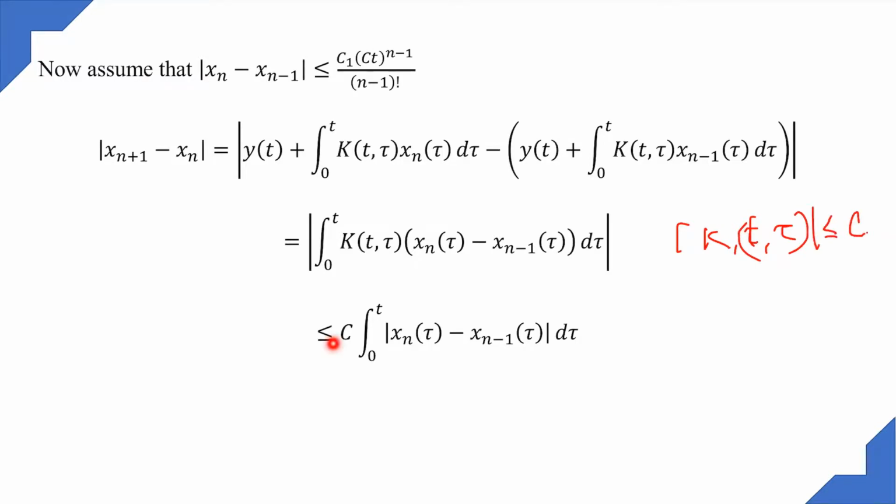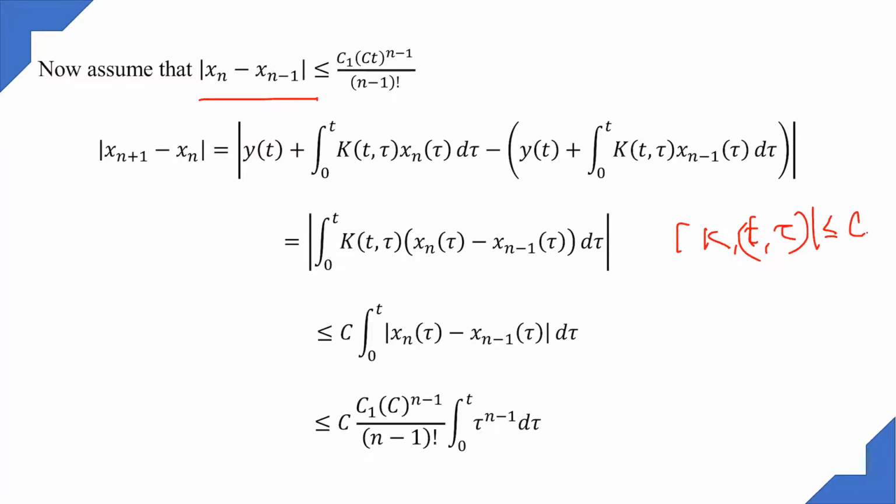So we can say that this is less than or equal to c integral 0 to t absolute value of xn of tau minus xn minus 1 of tau d tau, and by our assumption this xn of t minus xn minus 1 of t is less than or equal to c1 ct to the power n minus 1 divided by n minus 1 factorial.